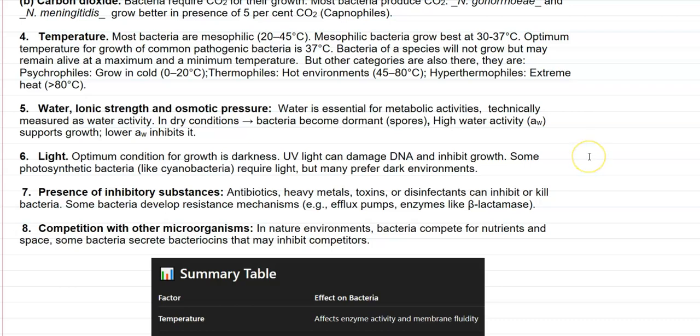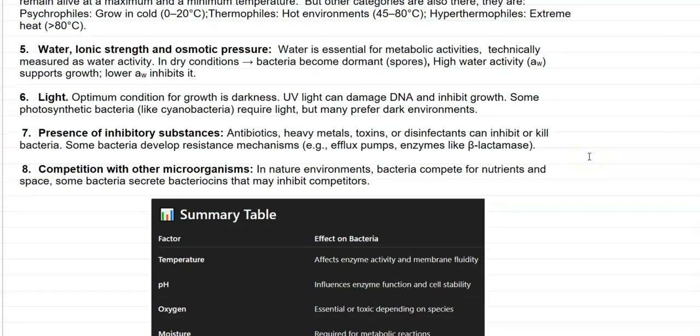Then we look at some points related to the presence of inhibitory substances. These collectively consist of antibiotics, heavy metals, toxins and disinfectants which can inhibit or kill the bacterial population. In order to counter these inhibitory substances, bacteria have developed various resistance mechanisms.